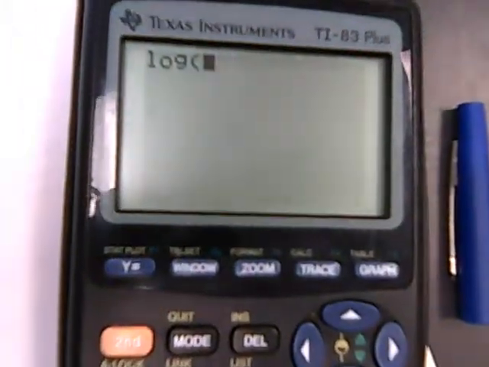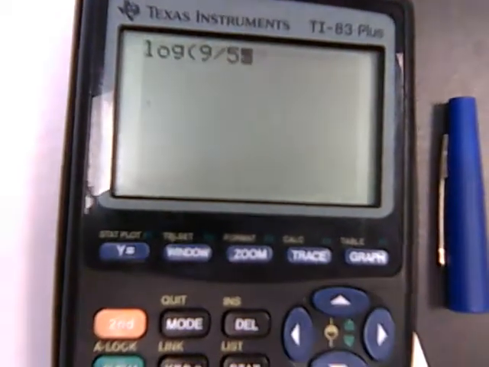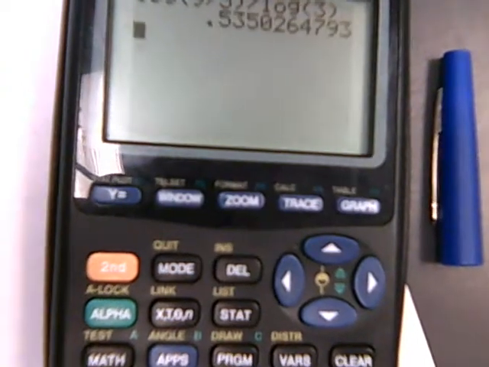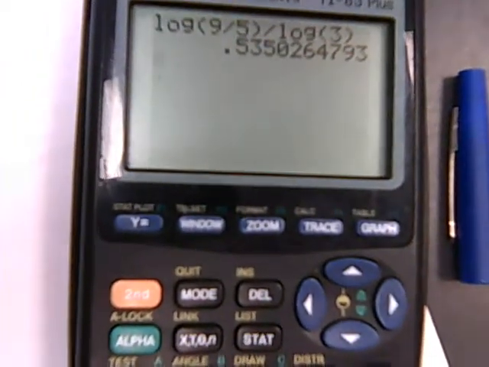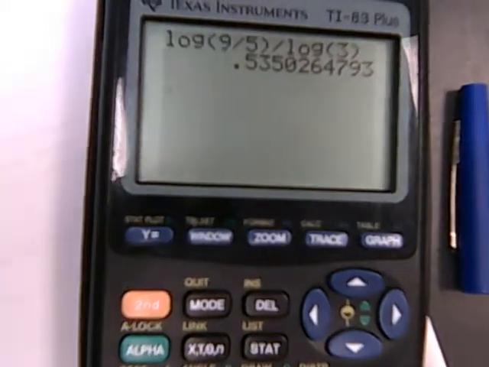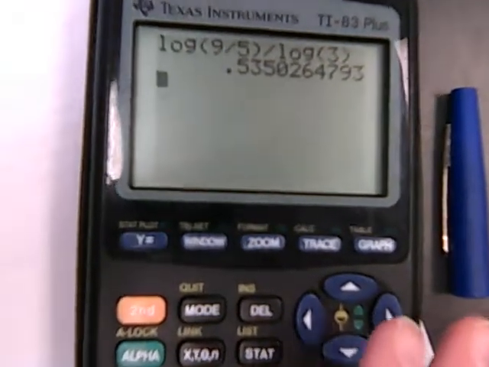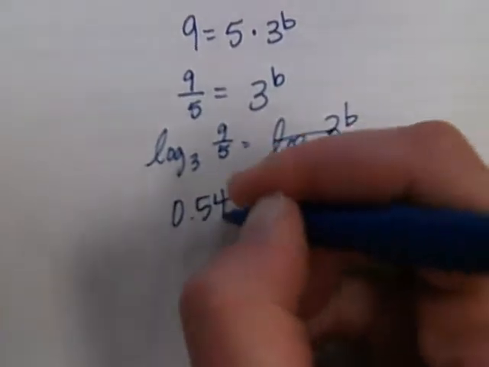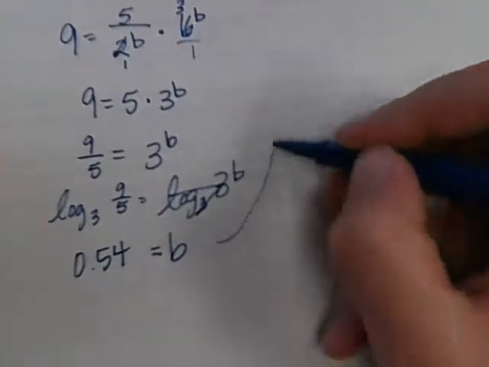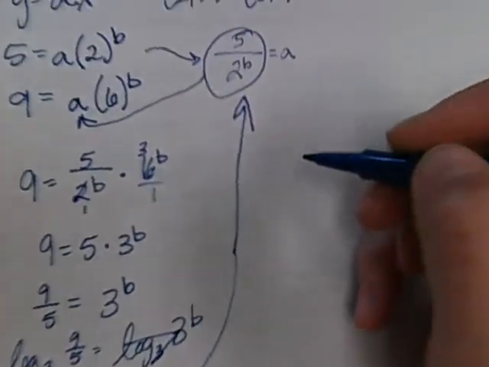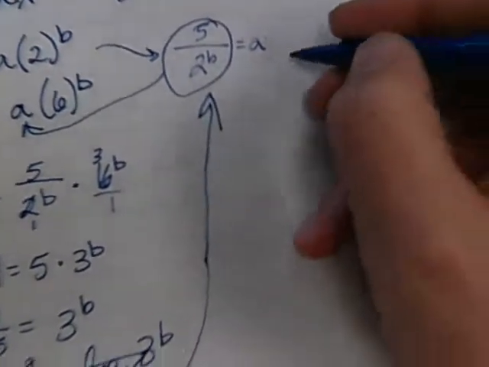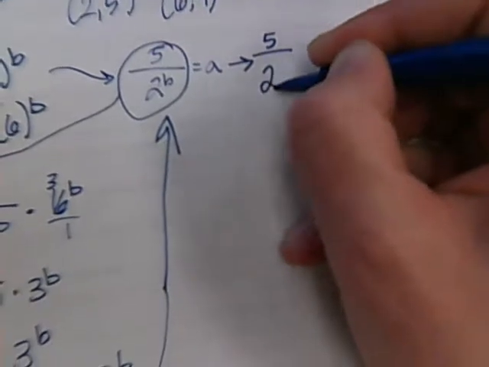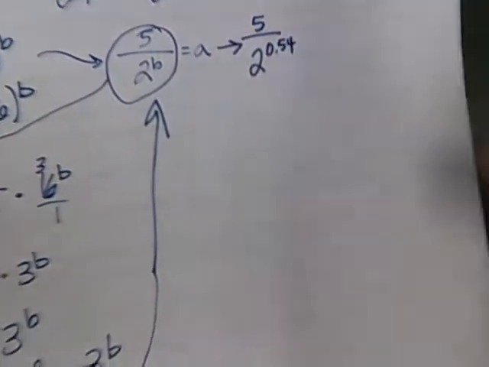Log of 9/5 divided by log of 3. Looks like it's about 0.54. How many decimal places? Yeah, let's go 0.54. And now I'm going to sub that back in here to find my a. So I have 5 over 2 to the 0.54.